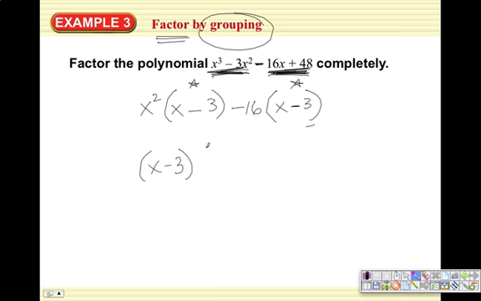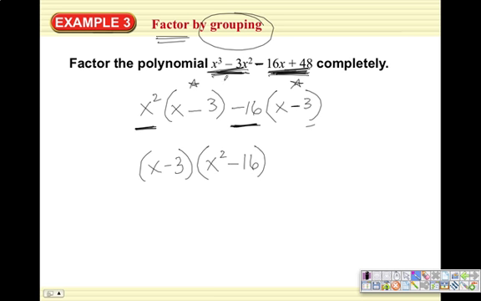And all we're going to do is write whatever's left over. That's left over, and that's left over. X squared minus 16. So what you just did is factored by grouping, but if you paid close attention, we're actually not done yet. Many times you'll be done, but not this time.